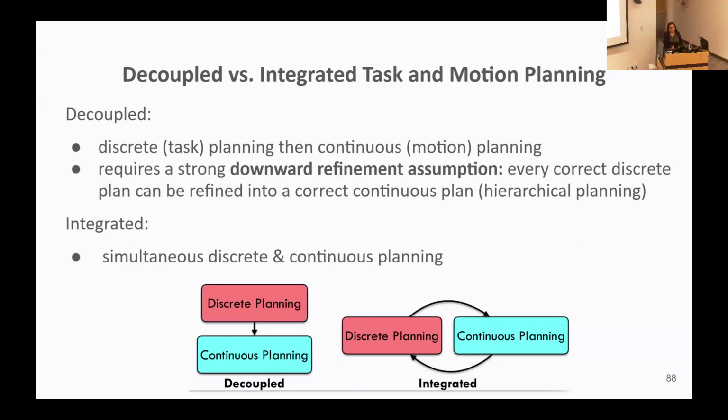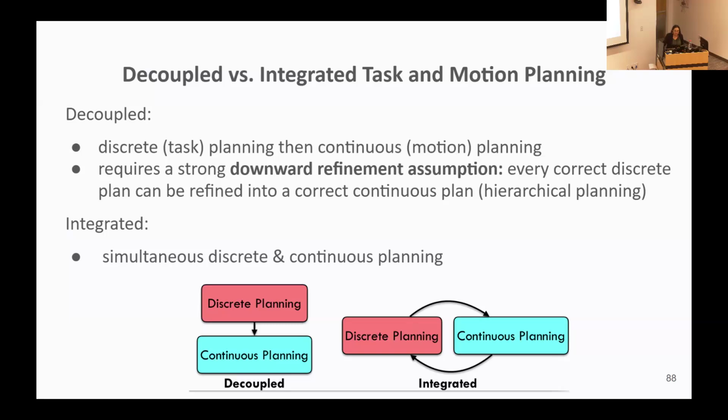So a traditional approach to solving task and motion planning was the decoupled approach. You first solve the discrete planning problem, then you perform what is called downward refinement. You translate the actions into motions in the continuous space, and you operate under the assumption that downward refinement is possible.